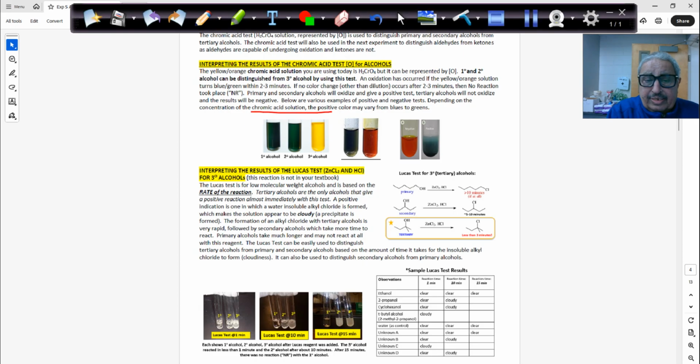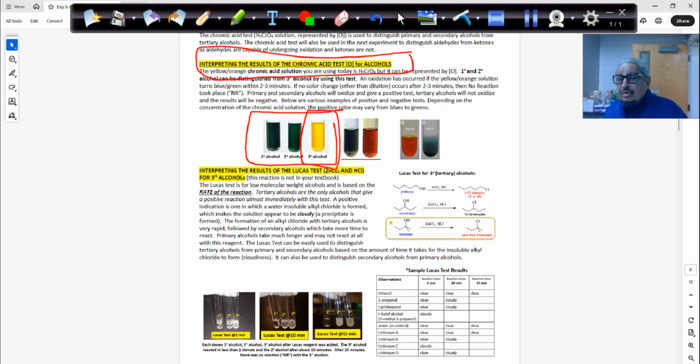This is the chromic acid test with the three ones: primary, secondary, and tertiary. Tertiary remains as is, no reaction. But this one here, when you oxidize it, you get what? Aldehyde first and then carboxylic acid. This one here, you get ketones.